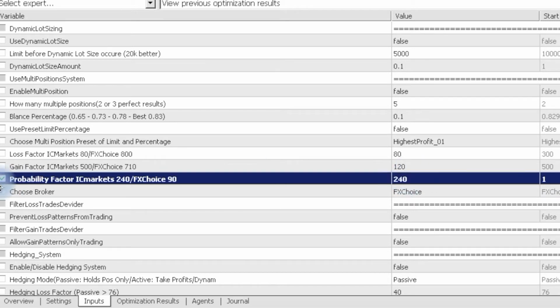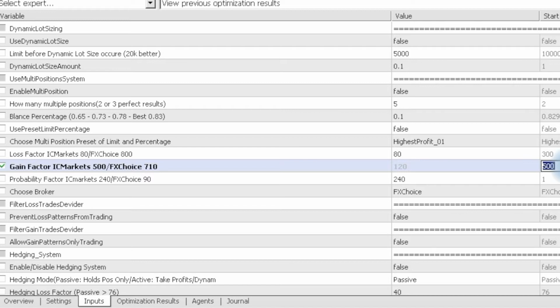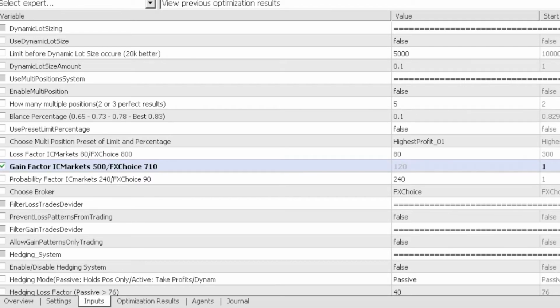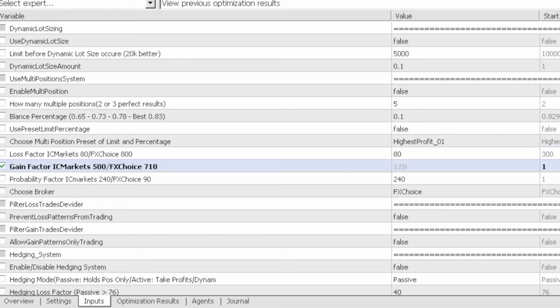You can actually do this with every other field here. You can also use, for example, gain, and start from, say, $1 or 1 point, step by, for example, also 1, and stop at, 5,000 is too much, so I would say 1,000 points.